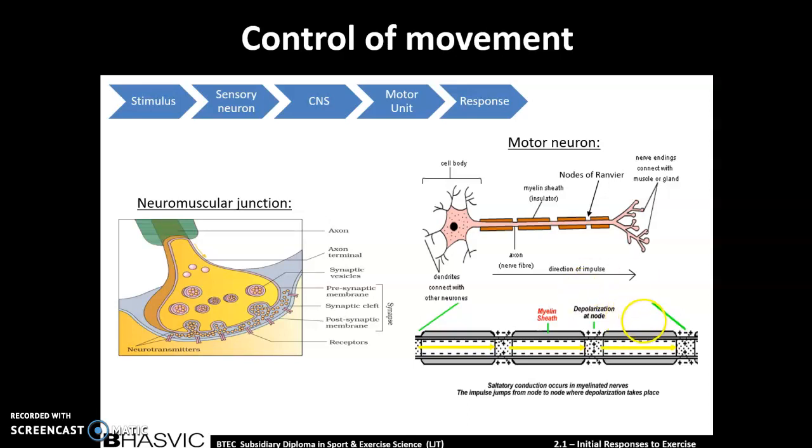as they depolarize, and this process is known as saltatory conduction. And as it travels down the motor neuron, that is known as a wave of depolarization, or also an action potential.